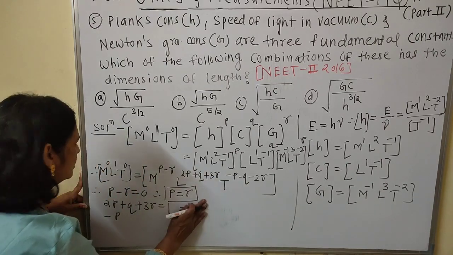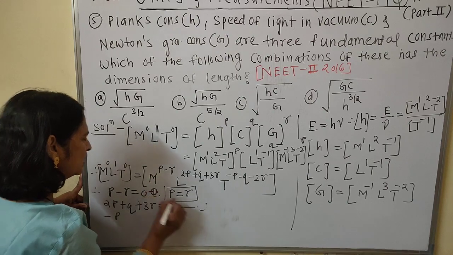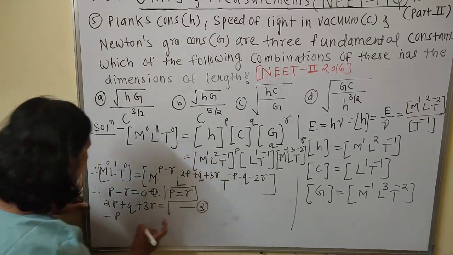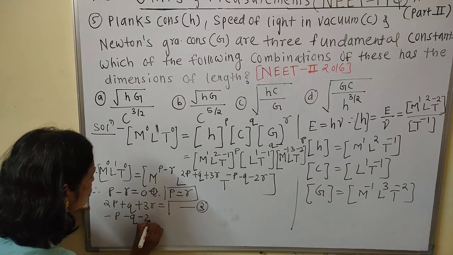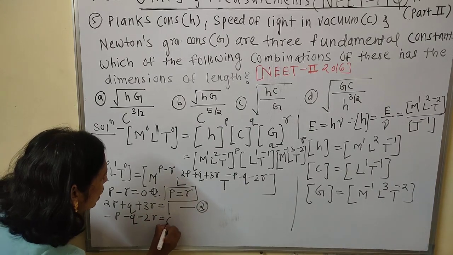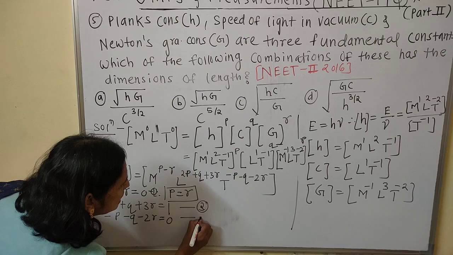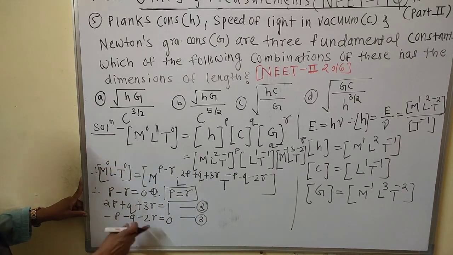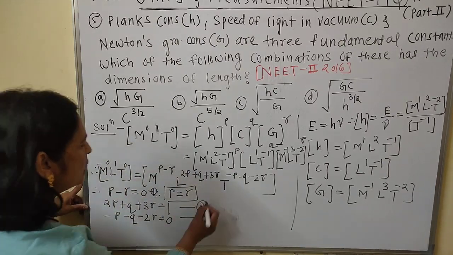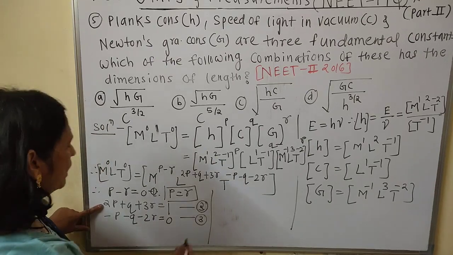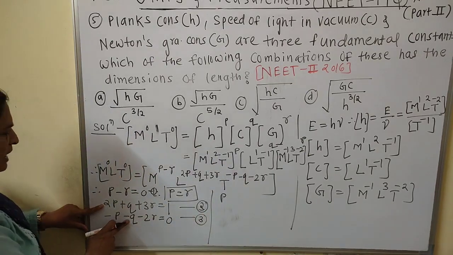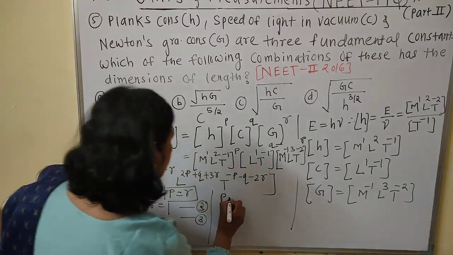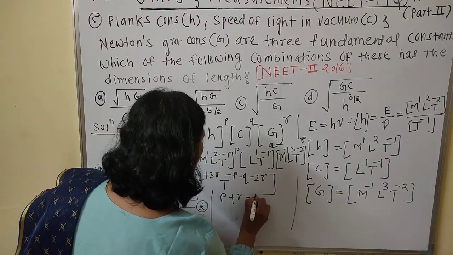This is equation number 1, this is equation number 2, then minus p minus q minus 2r is equal to 0, and this is equation number 3. Adding these two equations, q minus q gets cancelled, p plus r is equal to 1.